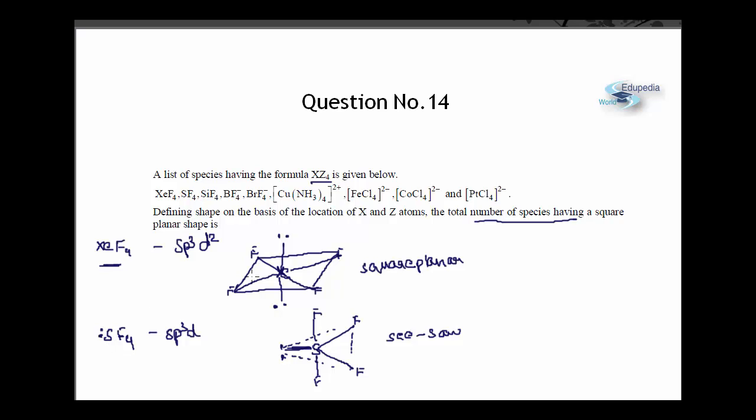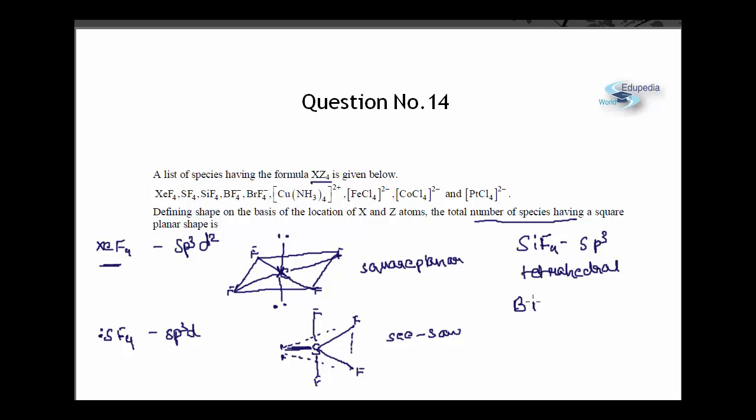Let us look at other options. The other options are SiF4. Now SiF4, silicon has 4 valence electrons, so clearly this will be sp3 hybridization, and it will have a tetrahedral geometry. So again this won't be my option.